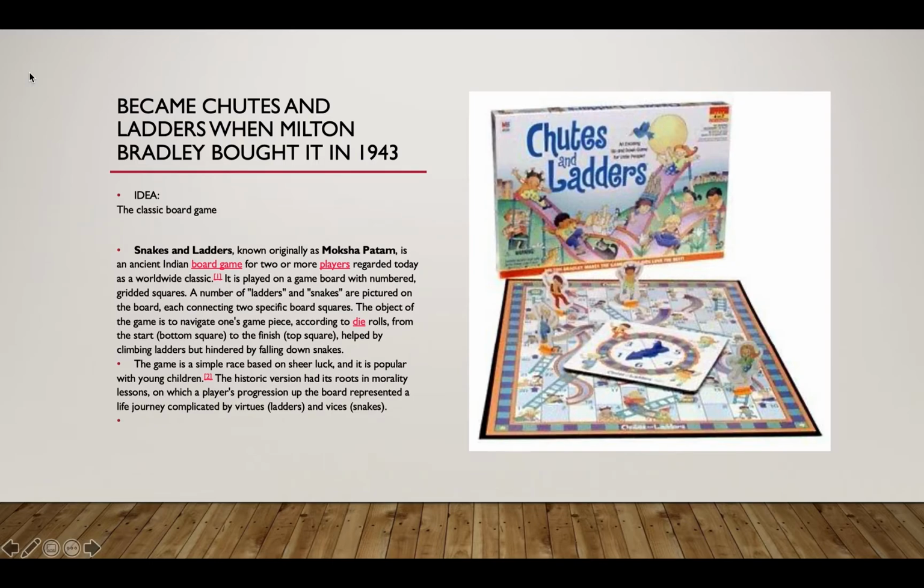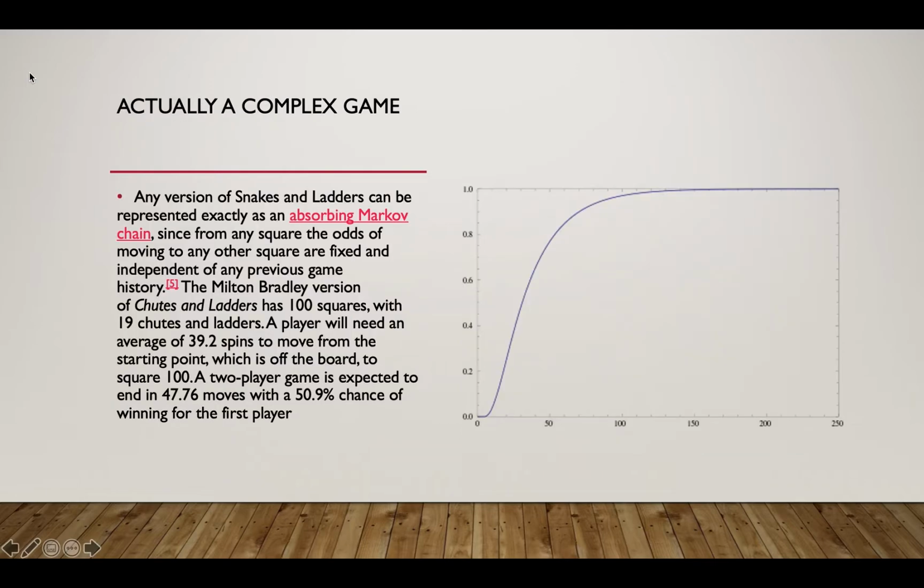But you can see here that Milton Bradley bought it in 1943, and they redid it to be more culturally in line with the United States, and it's been popular as a game for forever.